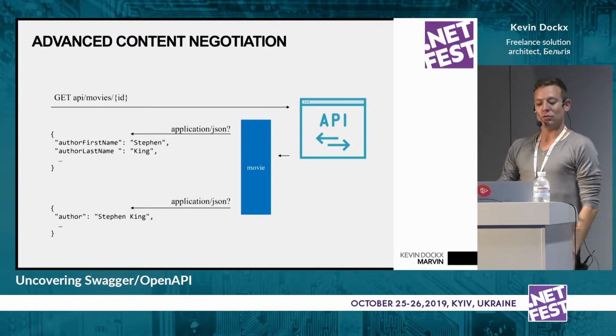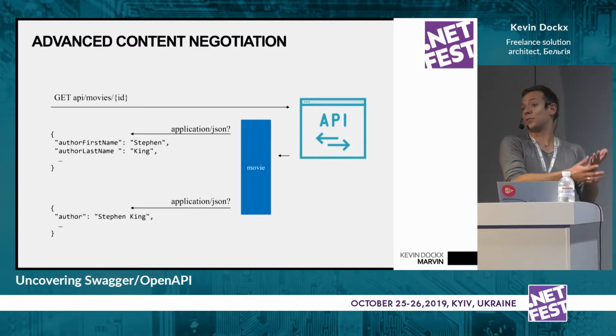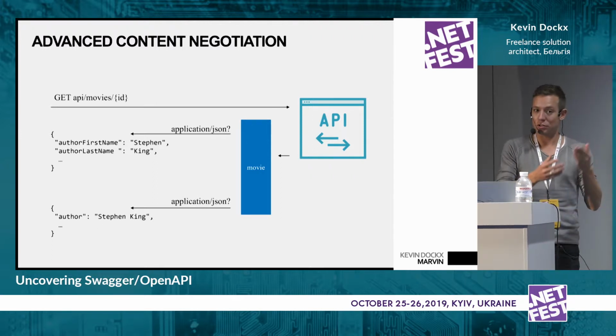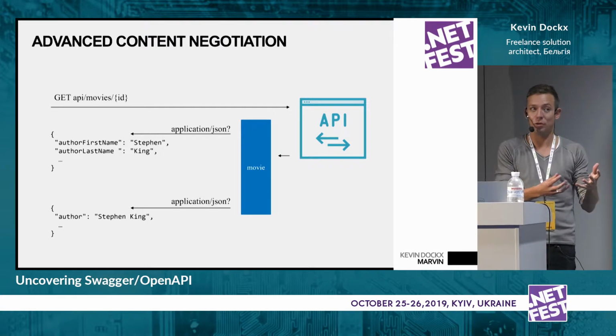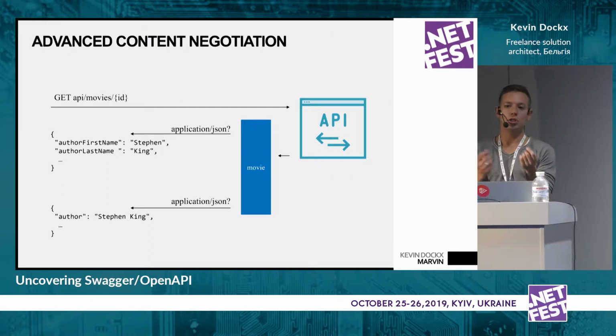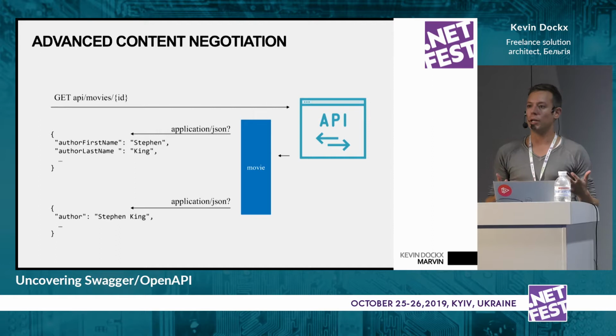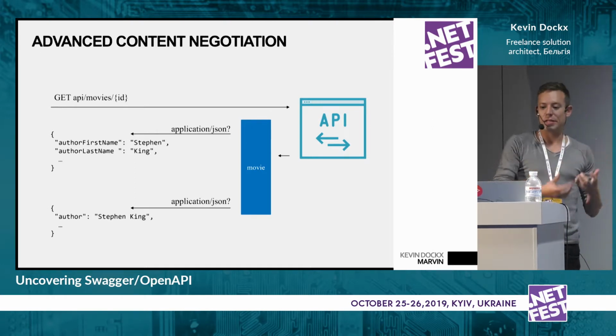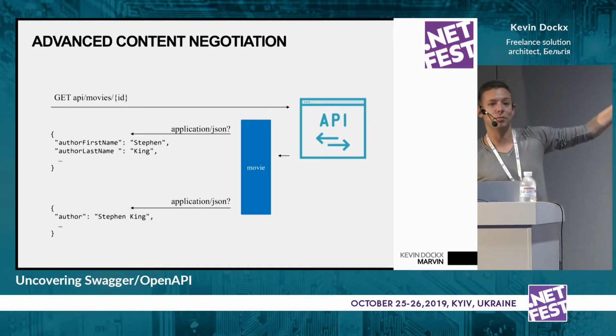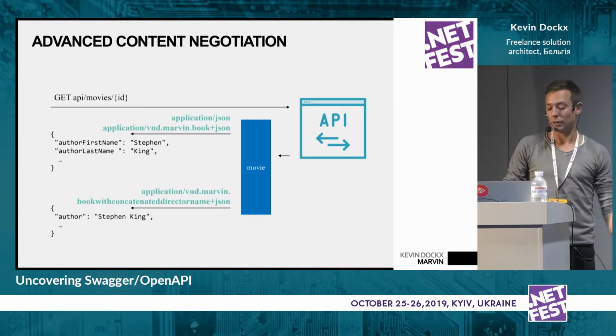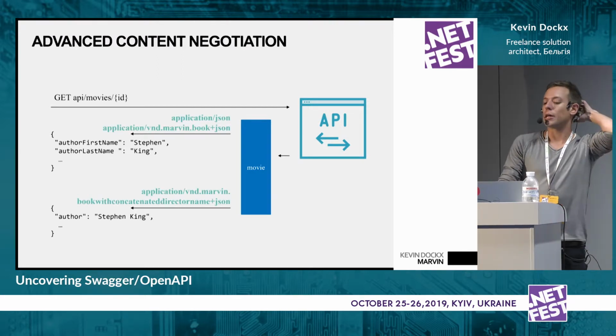Well, if you want to do something like that, these are still different representations of the same resource. These are still two representations of the same author. But with application JSON, application XML, you don't have a way to state that you want one with first name and last name separately or concatenated. And that's where vendor-specific media types come into play.